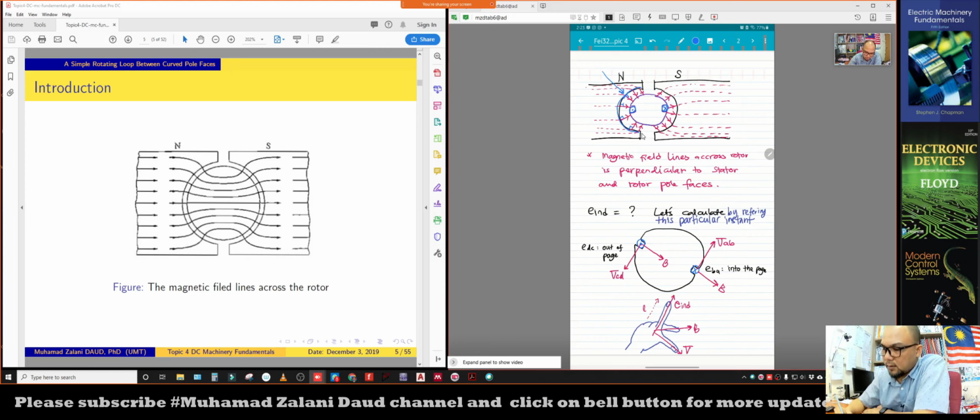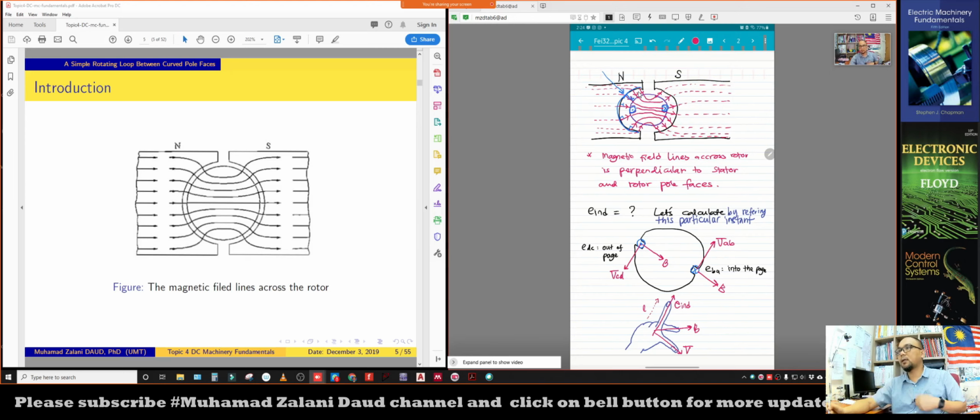Okay, and then when this flux line enters the rotor, it is also perpendicular. So we can imagine that if we have a stator and we have a rotor and the other stator, what happens to the flux line is something like this: from the stator to the rotor, it is a flux line which is perpendicular, getting into the rotor, and then out of the rotor back to the south pole stator.